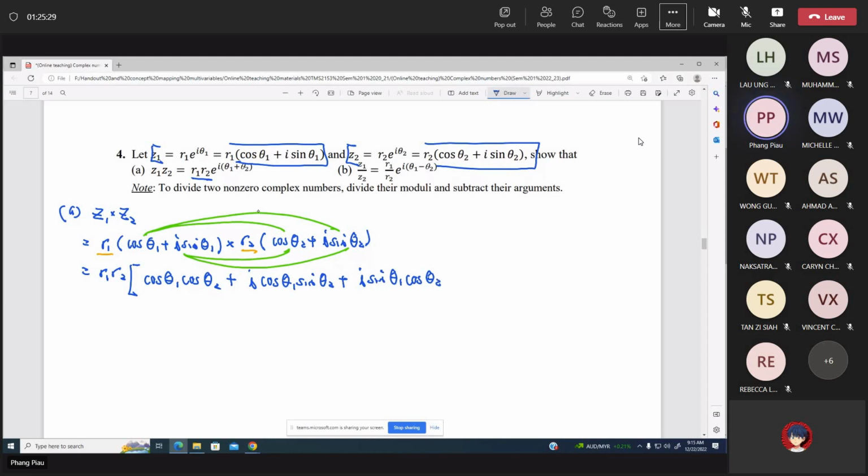And this with this, I have I squared, sin theta 1 sin theta 2. Hopefully you can expand this. I give you 30 seconds to see whether you can understand this expansion involving polar form.